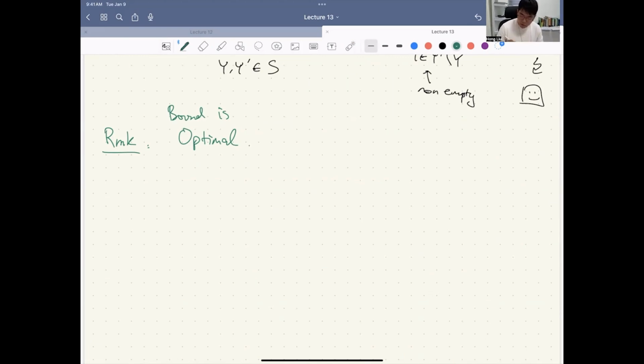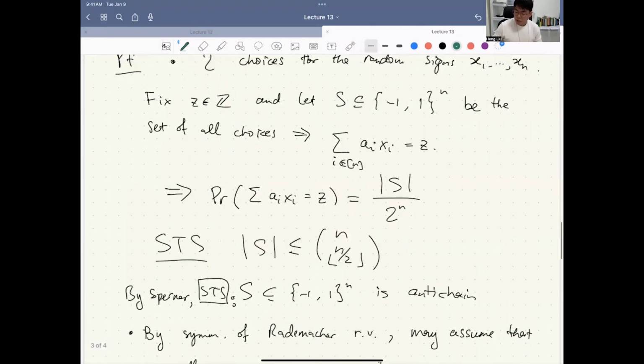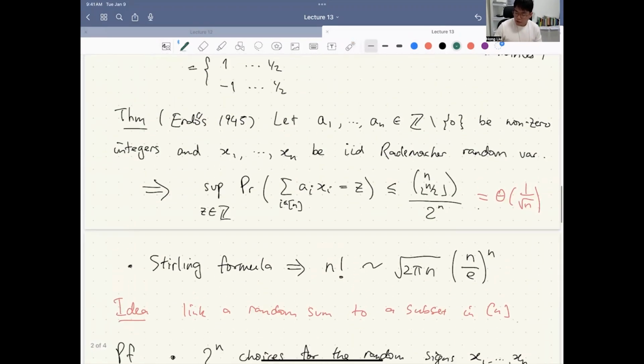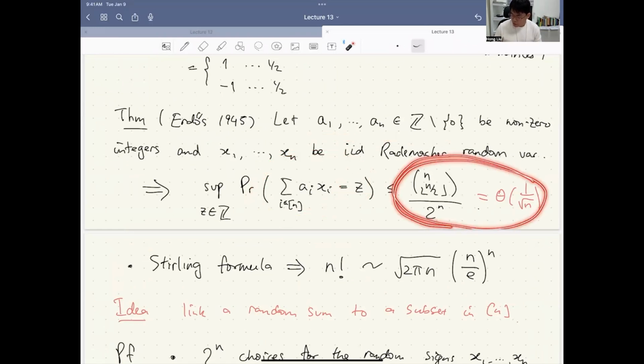Okay, so what does it mean that this is optimal? Let's look again. It means we need to find a choice of ai and a choice of z, showing that the atom probability, the probability that this random sum equals this particular z, is at least this order of magnitude. So you cannot make it smaller.